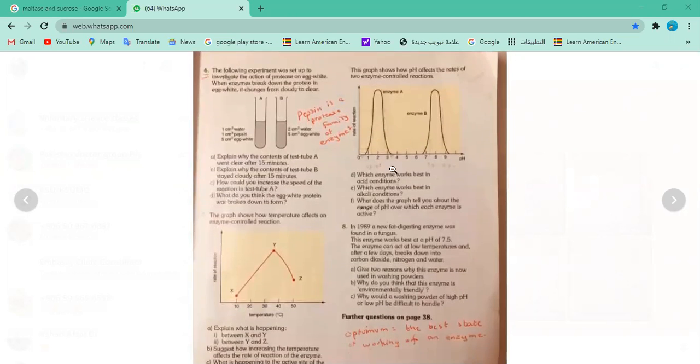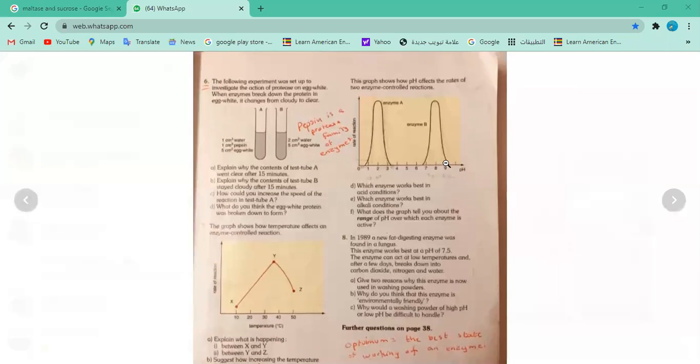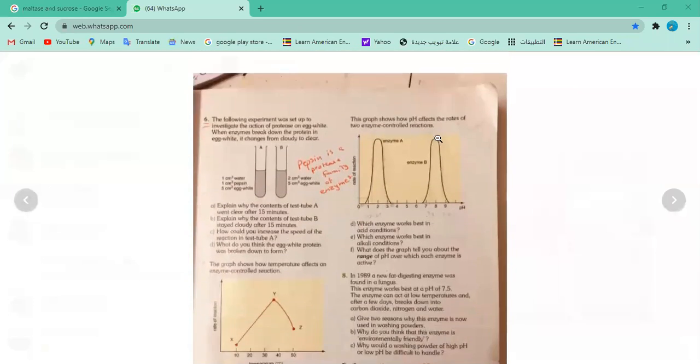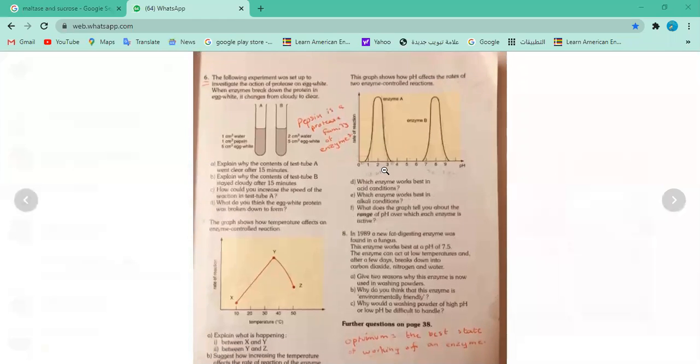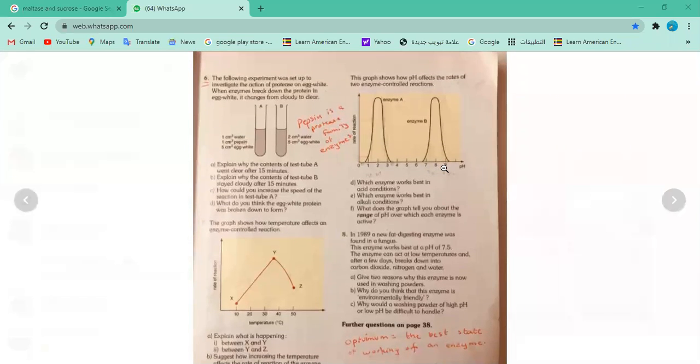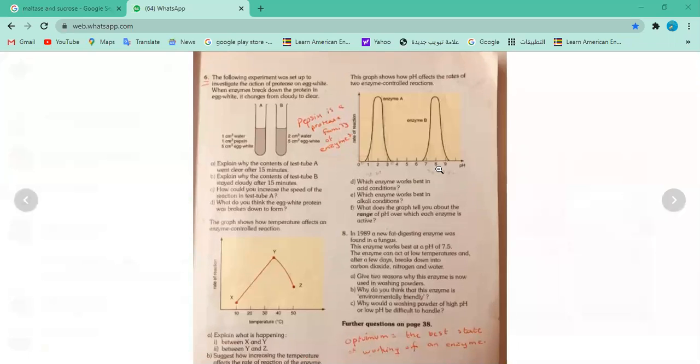Anything going beyond 3 is not good for this enzyme. Same is the case here for B. It's just above 7 and below 9, you could see below 9, then it's going to decrease. So for enzyme B, the range is from 7.2 till 8.5, and for A from 1 till 2.8. This is the range where these two enzymes are working.